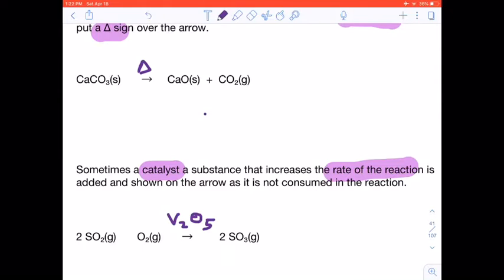Vanadium pentoxide is normally a catalyst that speeds up this particular reaction, but it's not consumed within that reaction, so we merely just leave it and indicate that it's not part of that reaction.